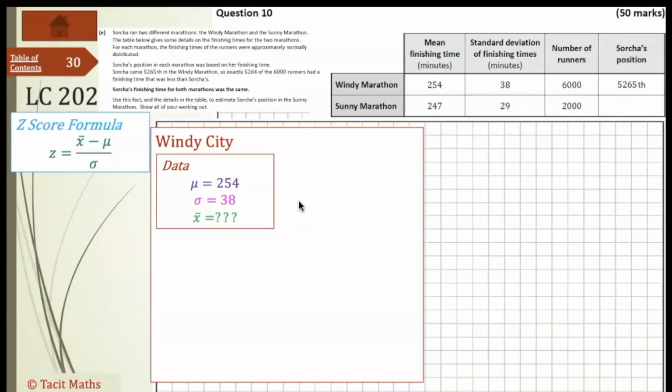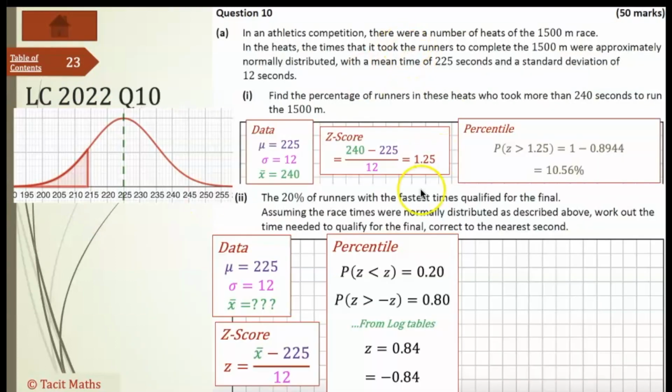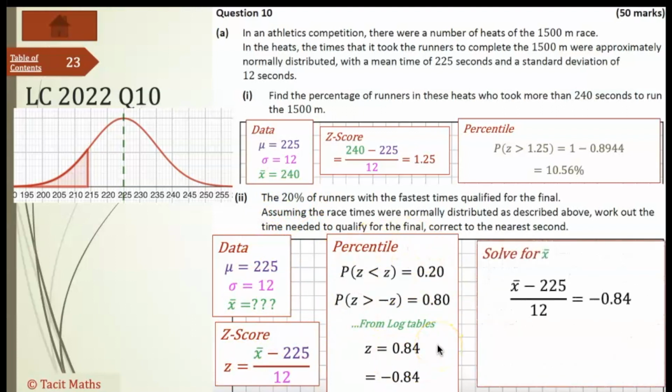Let's briefly jump back to part B for a second. If you think about what we did there, we knew that we were looking for the time again. We had the percentile, so we were working backwards to get the time. We filled in our z-score, found our percentile, and solved the equation to figure out what the time was.